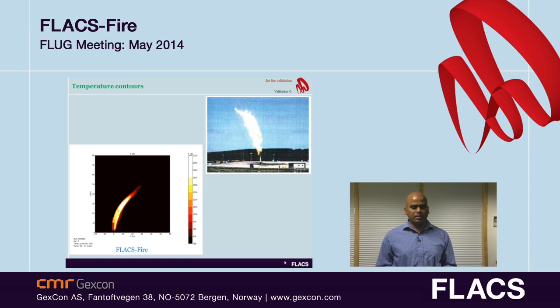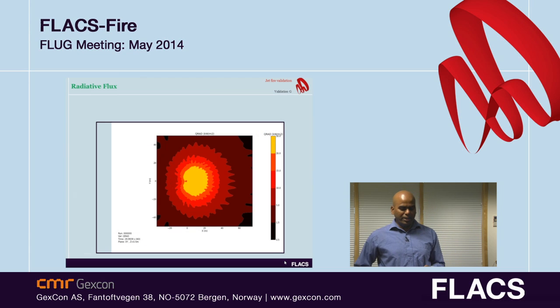This picture shows the two-dimensional temperature distribution from the FLACS-Fire simulation. Here the flame length and the flame direction were predicted very nicely. My next picture shows the radiative heat flux impinging on the ground surface, where this radiative heat flux is predicted very nicely compared to temperature.